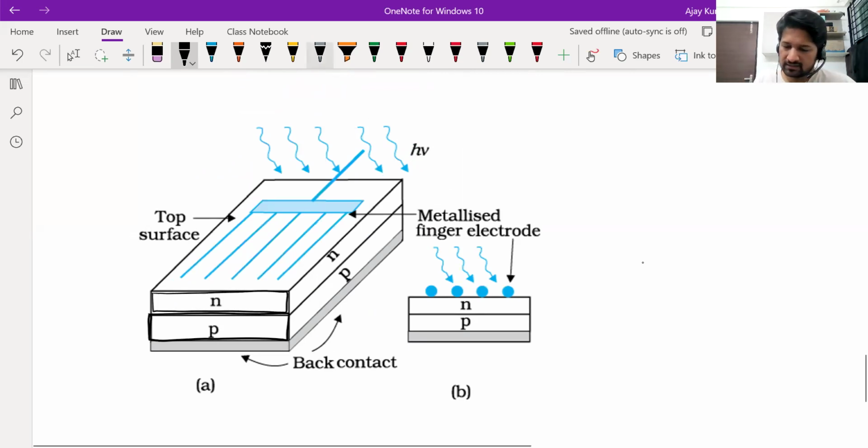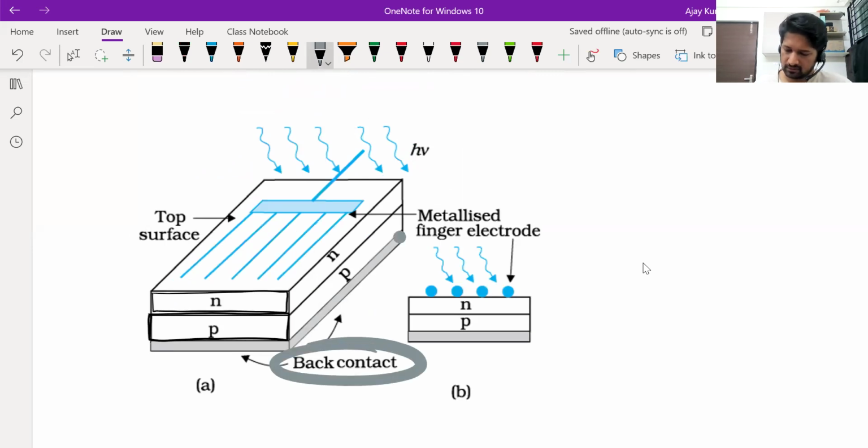The P layer is completely covered with a metal back contact. Okay. This is the metal contact. Whereas the N layer, if you see, most of it is left open. You just imagine metal wires and a thin sheet of metal here.